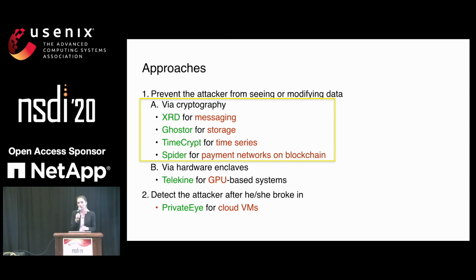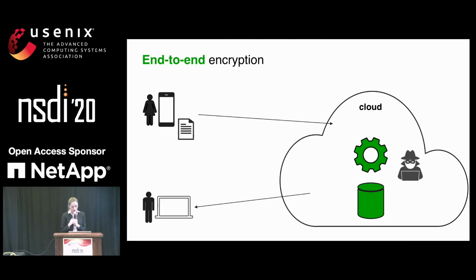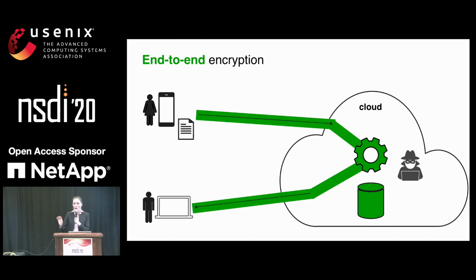So let me start with a cryptographic approach to basically building systems and preventing the attacker from seeing or modifying data. And a very basic pillar here is understanding the notion of end-to-end encryption. So traditionally, people think of encryption at rest, which is only the storage is encrypted, or encryption in transit, which is only the network being secured. But end-to-end encryption covers the whole progression from user to cloud and back to user.